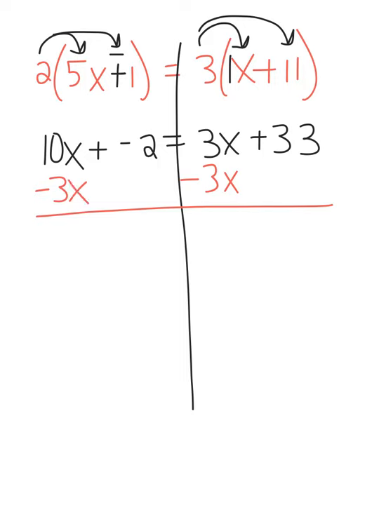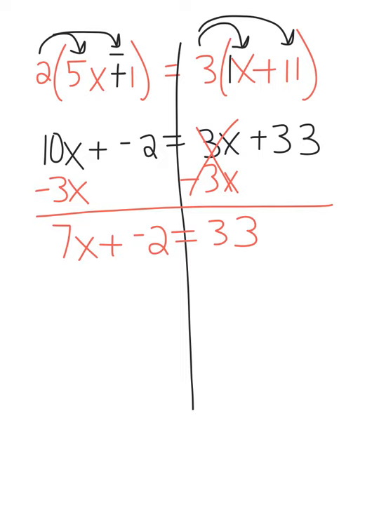I lined it up with my like terms on both sides, so my 3x minus 3x is 0. Let's go left to right now. 10x minus 3x, you get 7x. Bring down your plus negative 2. Put your equal sign. Bring down your 33.